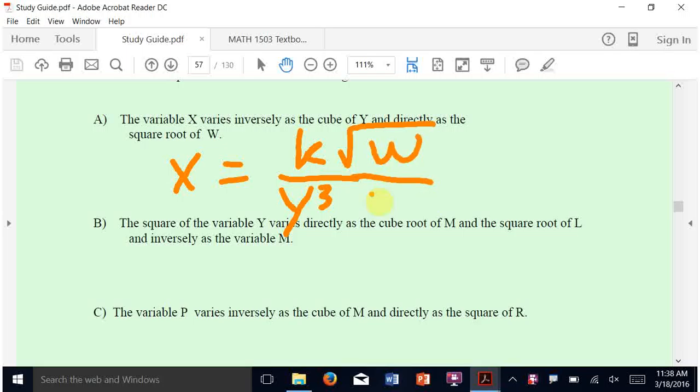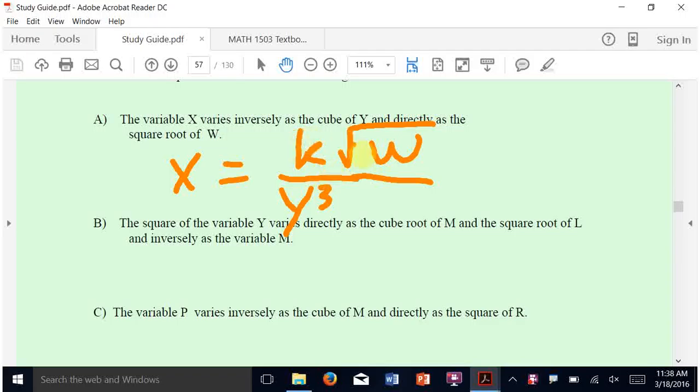You'll notice first of all that when I set up the equation, I set up x on one side and then all the other variables that it was related to on the other side. And the very first step was to put in my k in the numerator. This is because k, whether it's inverse or direct variation, will always be in the numerator.